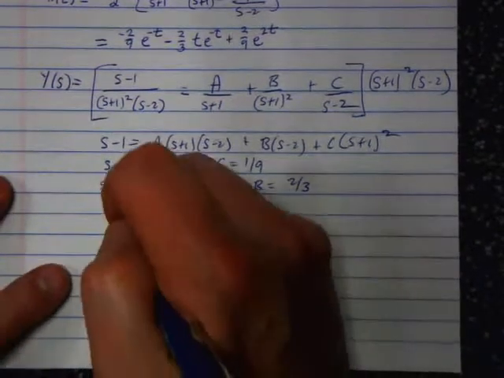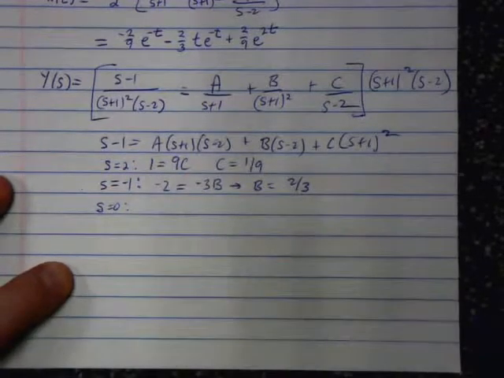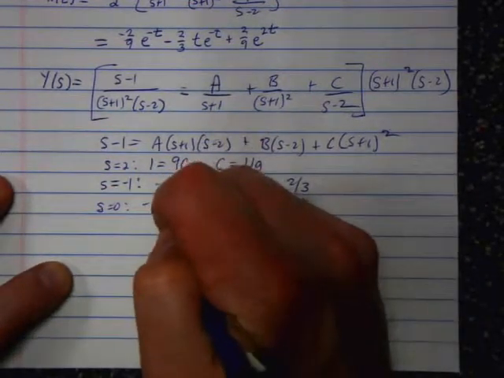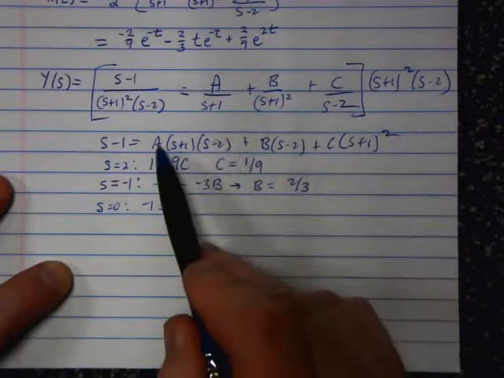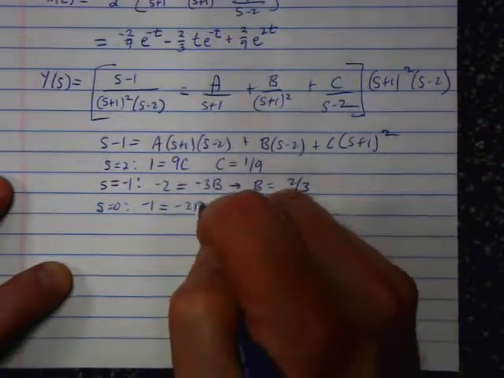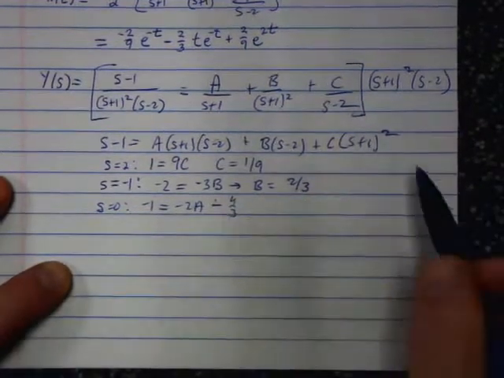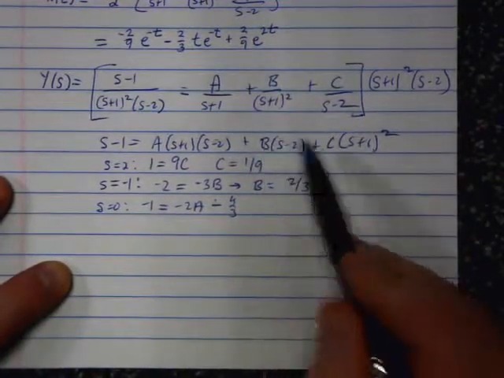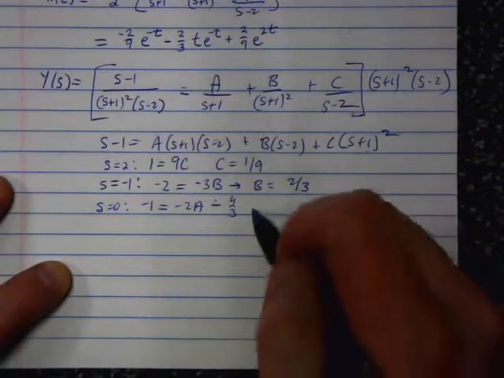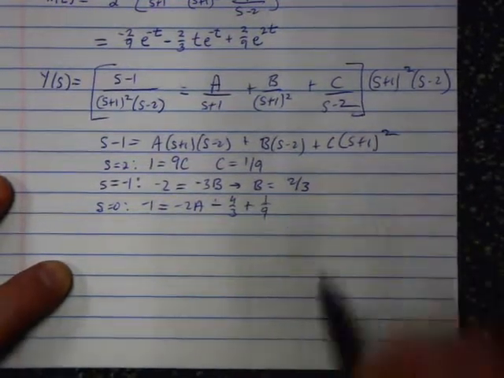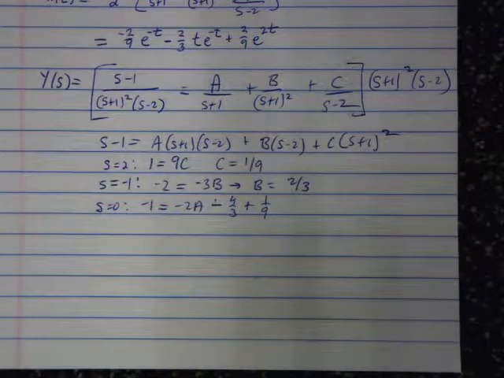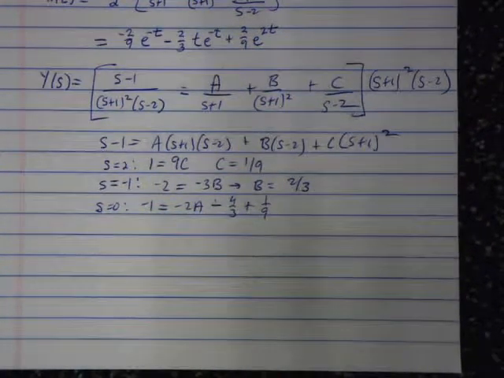And finally, plug in s equals 0, and plug in the b number, and plug in the c number. -1 equals a times -2, that's -2a, minus 4/3, because I get a -2 there, -2 times 2/3 is -4/3, plus 1/9. What's -4/3 plus 1/9? -11/3.